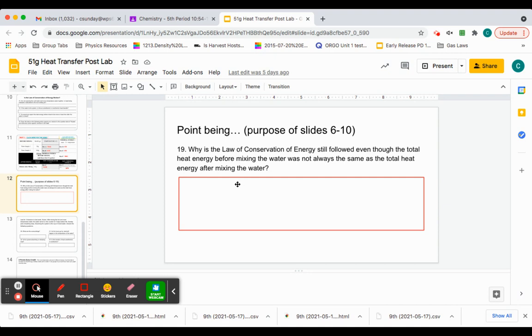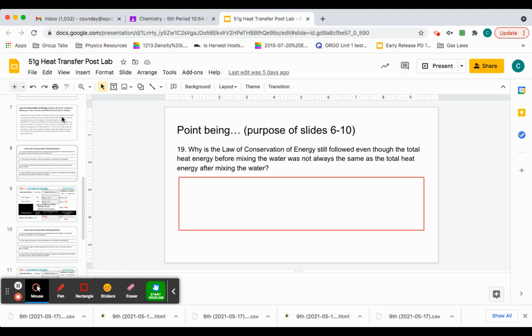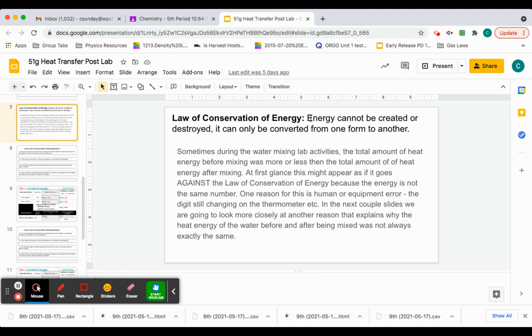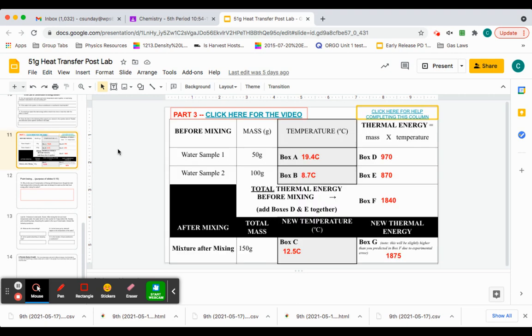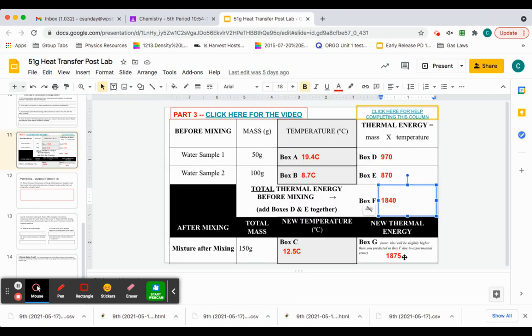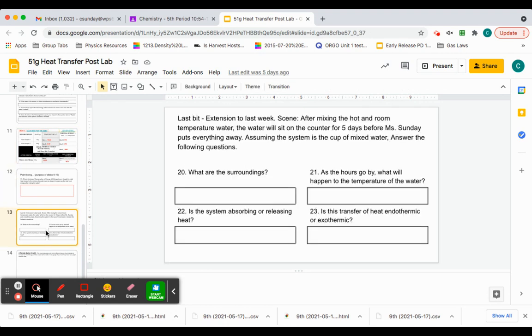So just explain it a little bit, reflect back, look at the answer to your questions, and try and figure that out. And again, the law of conservation of energy is on slide 7, so that's where energy cannot be created or destroyed, only converted to one form or the other. So how is that still followed even though our energy numbers do change? That is what our point being is in our question.